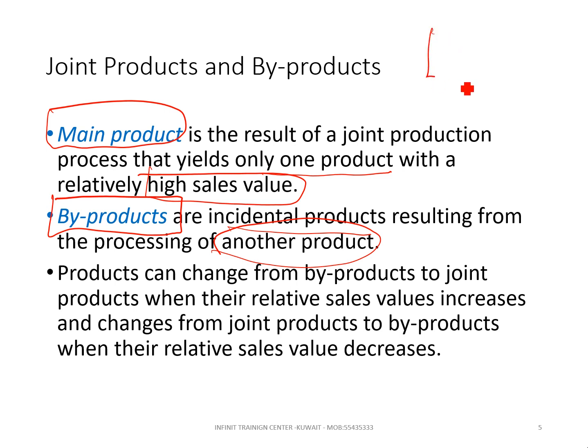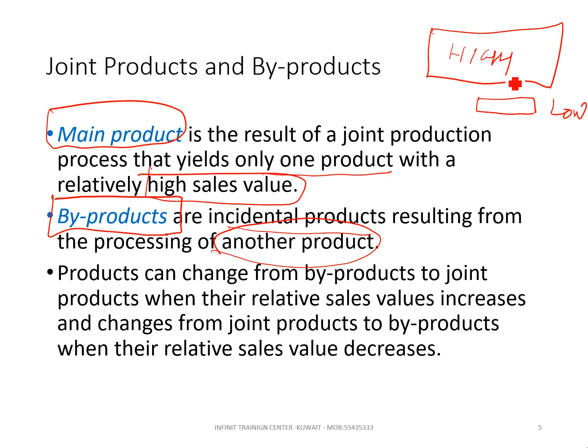Say you have a lumber mill, a wood mill, where you are cutting wood and shaping wood and selling it off. While doing this process you are getting some sawdust, the waste of the wood, that can be used by other wood product manufacturers, and that is sellable also. But here the value of the main product is high and the value of the sawdust is low.